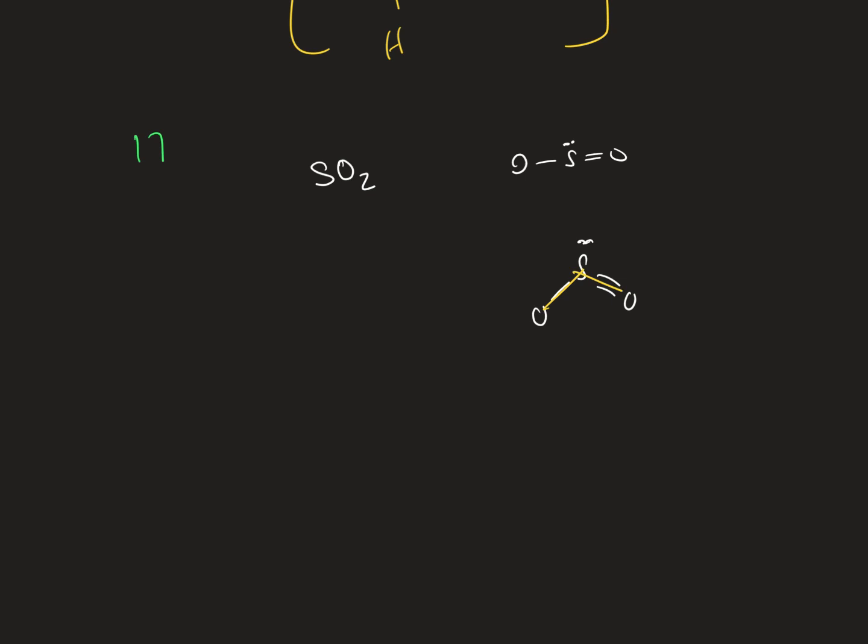Like this one, there are only 2 bonded atoms, but there is a lone pair right here that's causing these to be bent down according to VSEPR theory. So we just call that the molecular geometry bent. Can you call it molecular shape? Yeah, sure. Geometry, shape, kind of the same thing.